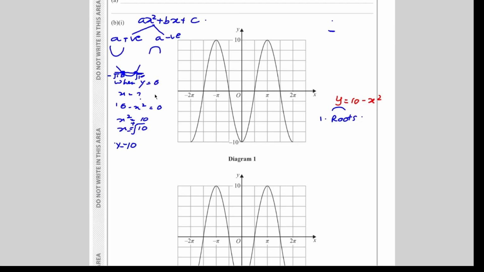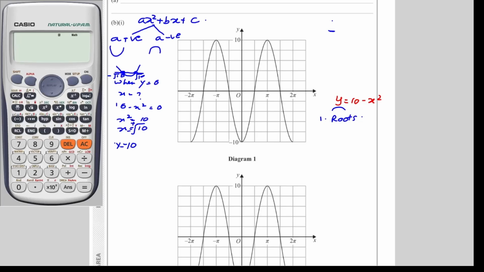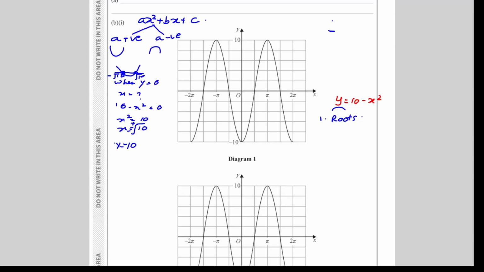Let's sketch it. Let's get the calculator for the exact value of root 10. Root 10 is 3.16, while pi is 3.14, so root 10 is exactly around pi. So we can plot it here, and the other one is here.